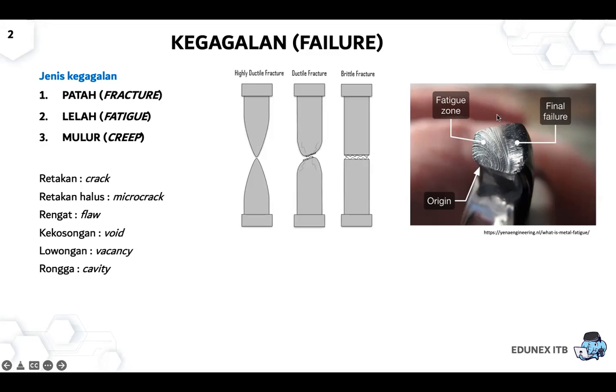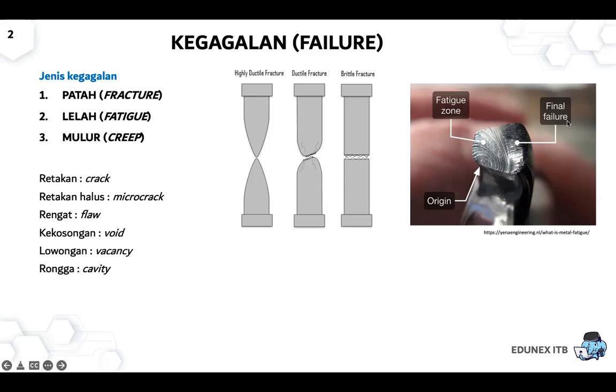For example, this is metal fatigue of a specimen or a piece of metal that is broken into two. Here there is the origin, then the metal fatigue region, and then the final failure.